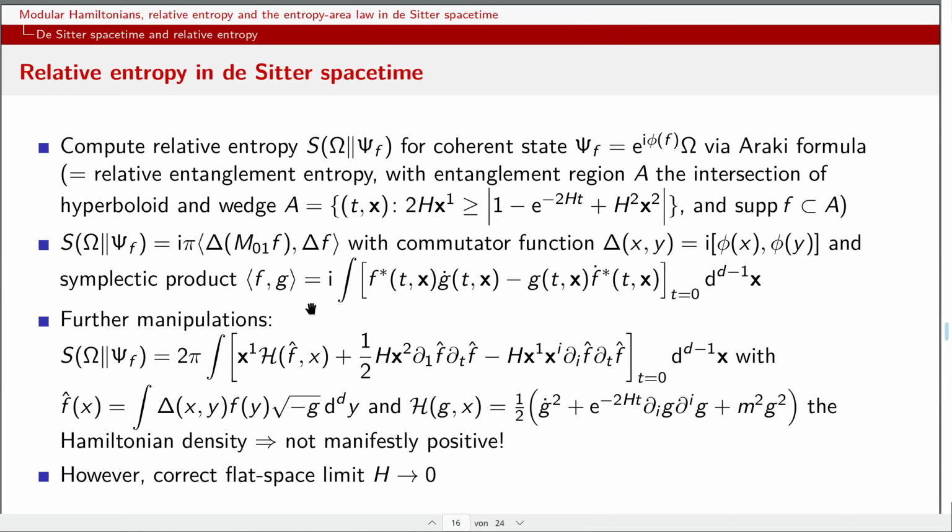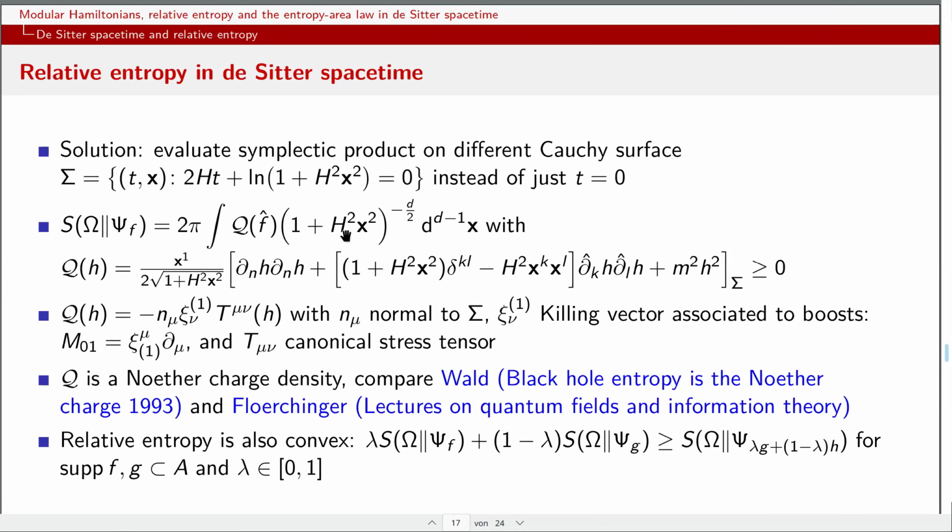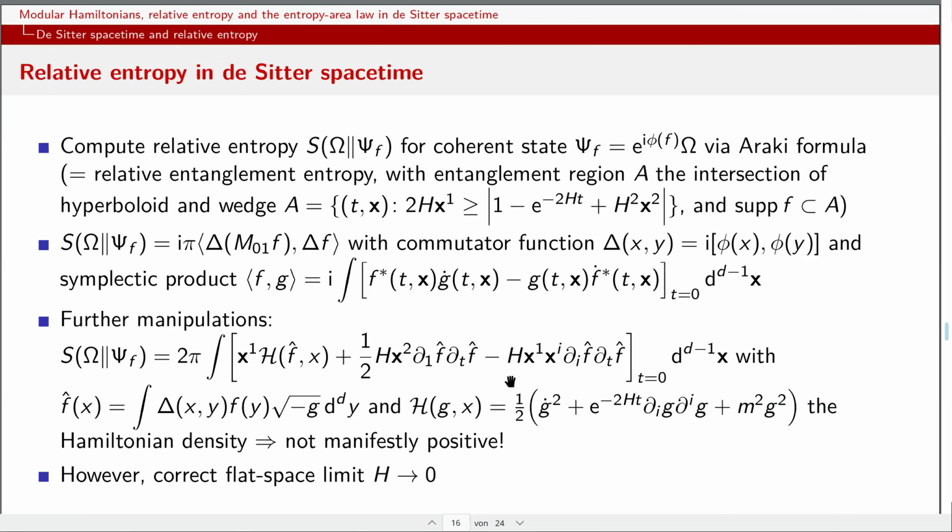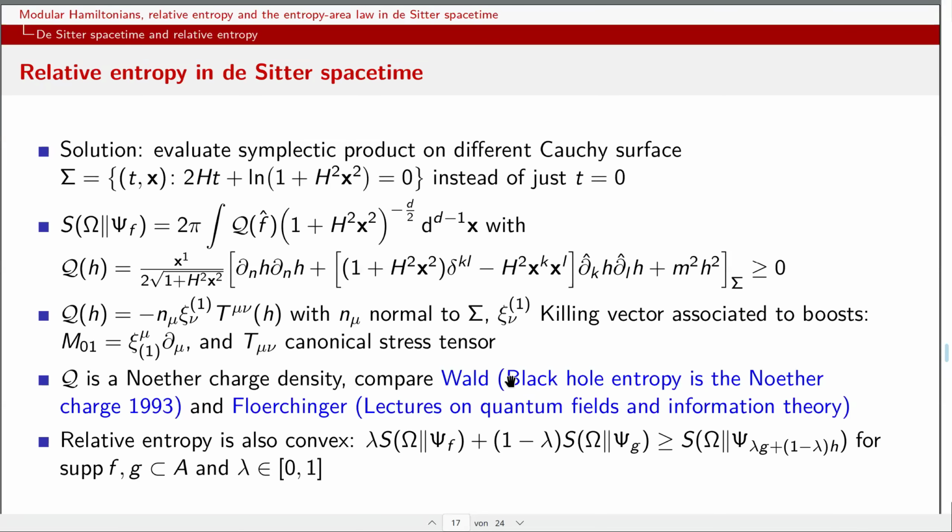Since the symplectic product is independent of the choice of the Cauchy surface, this thing is the same as this expression. It's just that here we can see that it's positive, and here we cannot see it directly. It's not manifestly positive, but they're actually the same quantity. Yeah, that's what I wanted to check. That makes sense. Thank you.